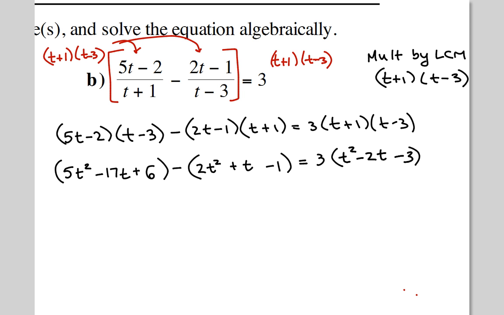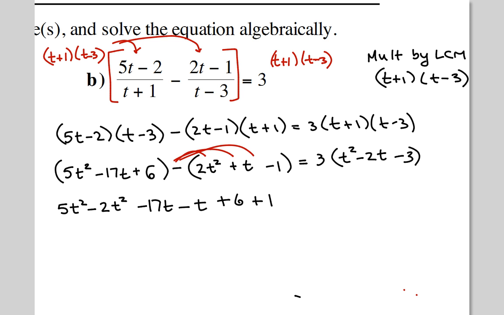Okay, so left hand side, when you're subtracting, remember that this negative gets subtracted onto each one, right? All those signs are going to change. So you have a 5t squared minus 2t squared. You have a minus 17t minus t. And you have a plus 6 plus 1.